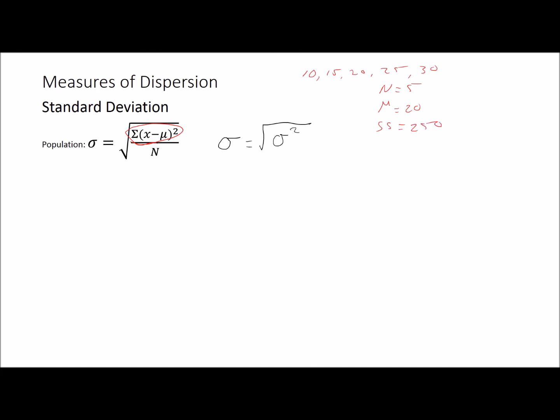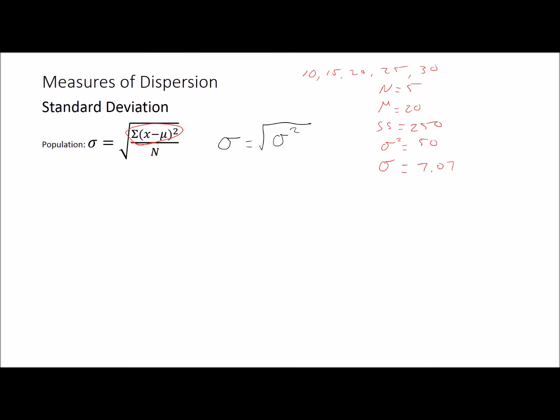And then we had a variance equaling 50. You would simply take the square root of the variance to get your standard deviation, which would give us a standard deviation equaling 7.07.